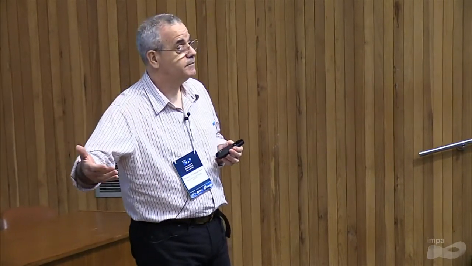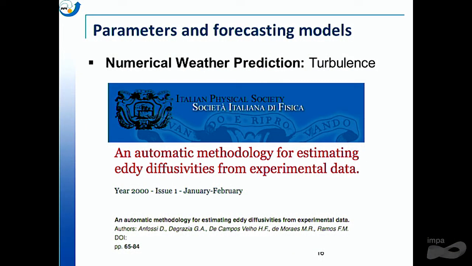And so this eddy diffusivity also depends on time, not only on space, but also on time. Okay, and so you can use some inverse methodology. For example, here we try to identify some eddy diffusivity from one of the measurements that you have already gotten from observation of the atmosphere. And this was published in Il Nuovo Cimento, a journal from the Italian Physical Society.